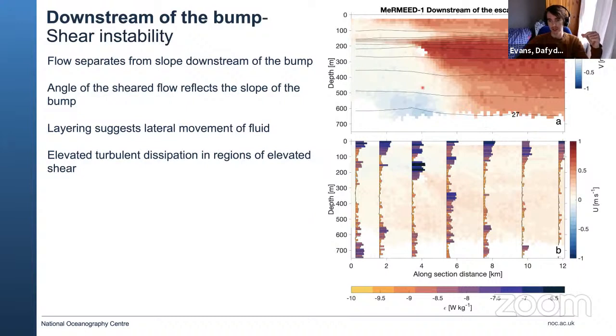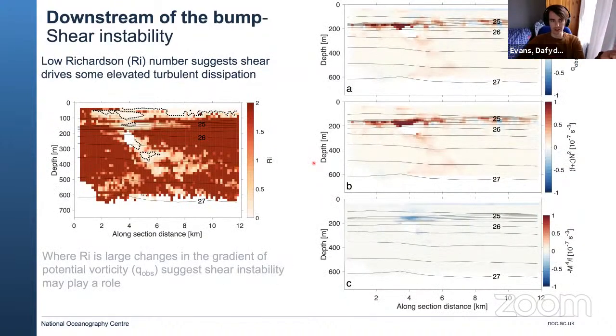And you can see in this sheared layer, through the depth and also at around 200 meters, there's very strong and consistently strong dissipation through here. And we link this dissipation to two processes. In this sheared layer that runs down at depth, we see pretty much consistently low Richardson number, indicative of some kind of shear-driven turbulence.